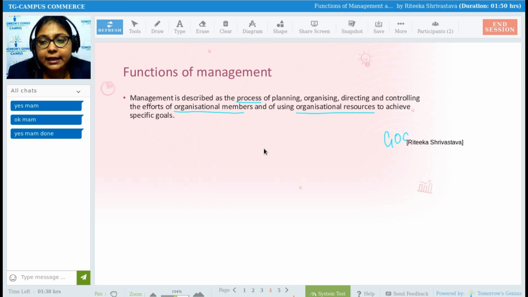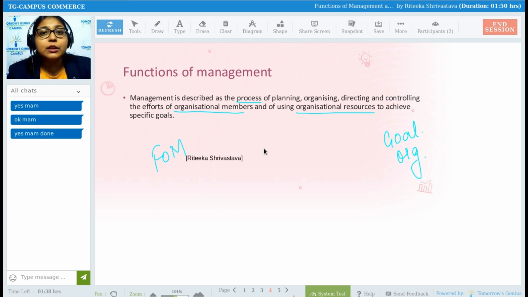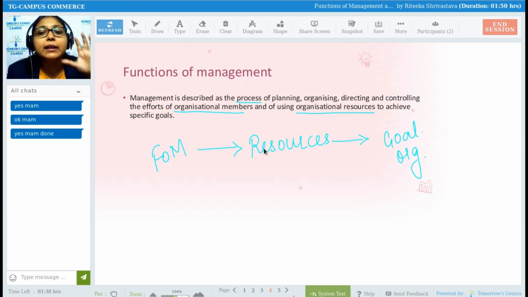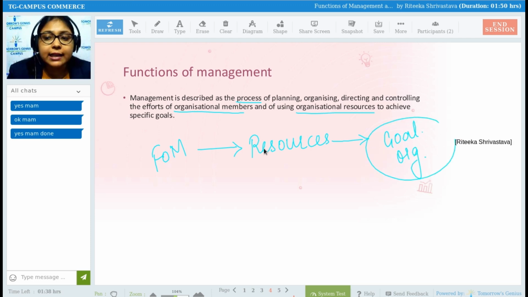So for achieving any goal or objective of organization, you need proper usage of functions of management, as well as proper utilization of the resources which the organization has. If both these things are perfectly utilized, then the organization can finally reach towards its goal or its objective.